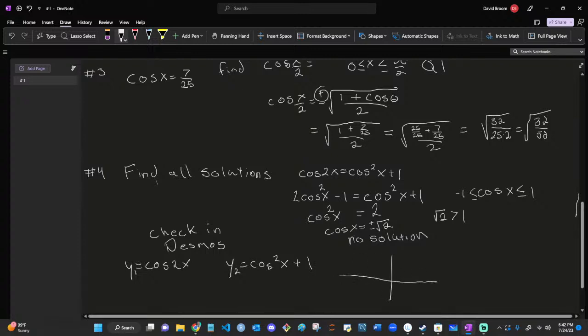If you did it in Desmos, you'll see one of them is up here, this is y2. The other one is on the axis, like that. I mean, my art isn't great here. That's why I do math, not art. These two don't intersect, so that's the answer, no solution.